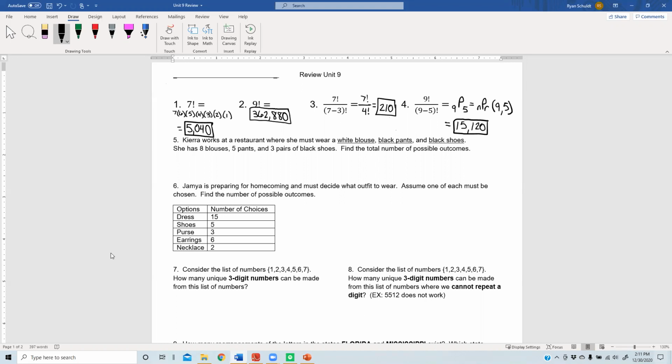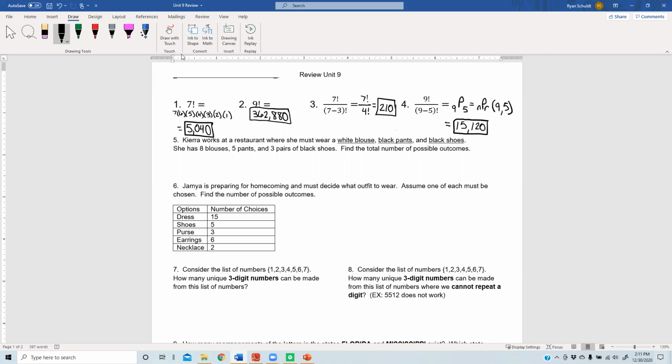Number 5. Kiera works at a restaurant where she must wear a white blouse, black pants, and black shoes. She has 8 blouses, 5 pants, and 3 pairs of shoes. Find the total number of possible outcomes. This is that one where, if you remember, we were making a sandwich almost.